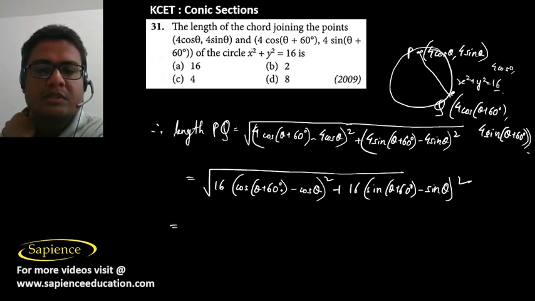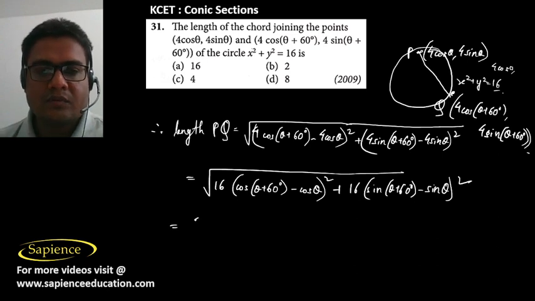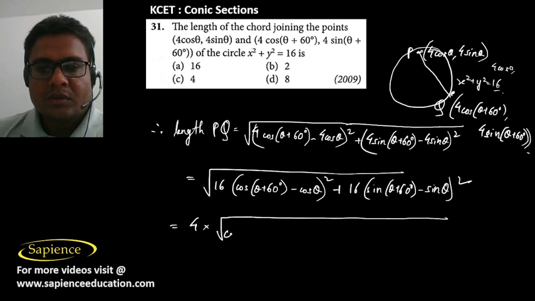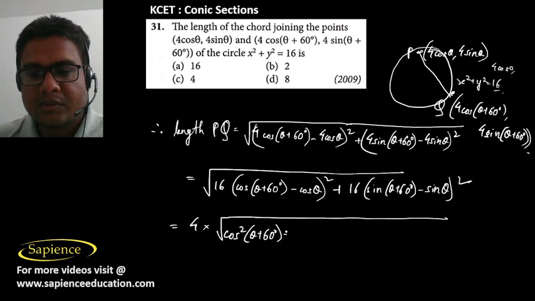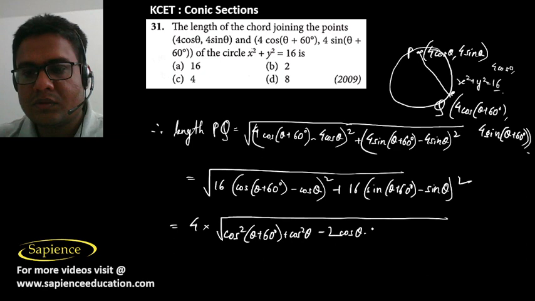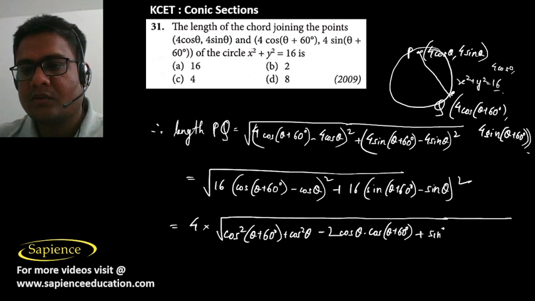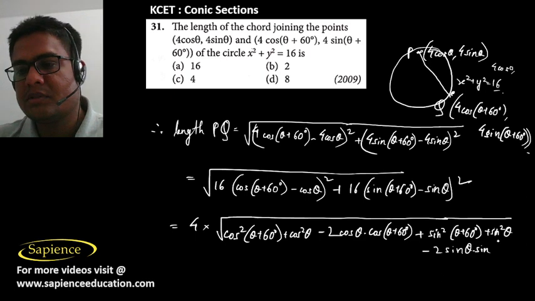From here 16 I can take as common, so 4 will come outside, so 4 into square root of cos square theta plus 60 plus cos square theta minus 2 cos theta into cos theta plus 60 degree, then plus sin square theta plus 60 plus sin square theta minus 2 sin theta into sin theta plus 60.